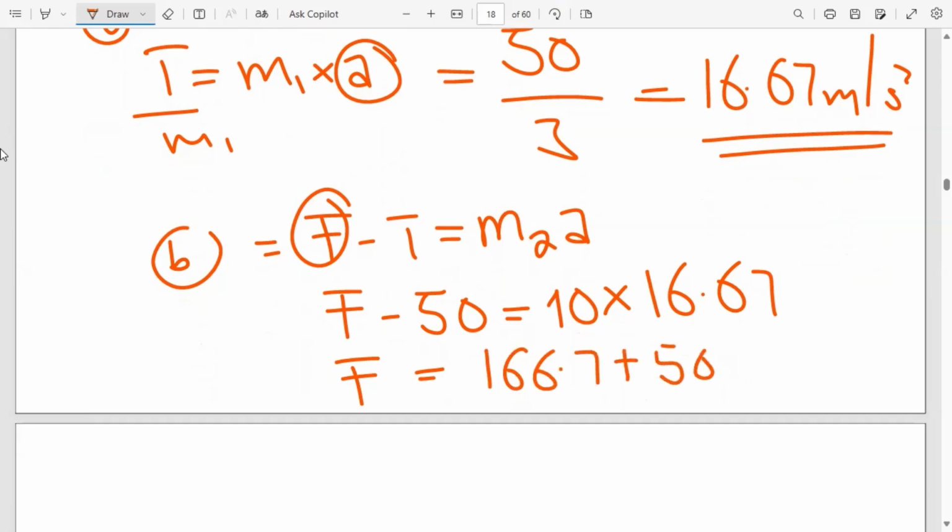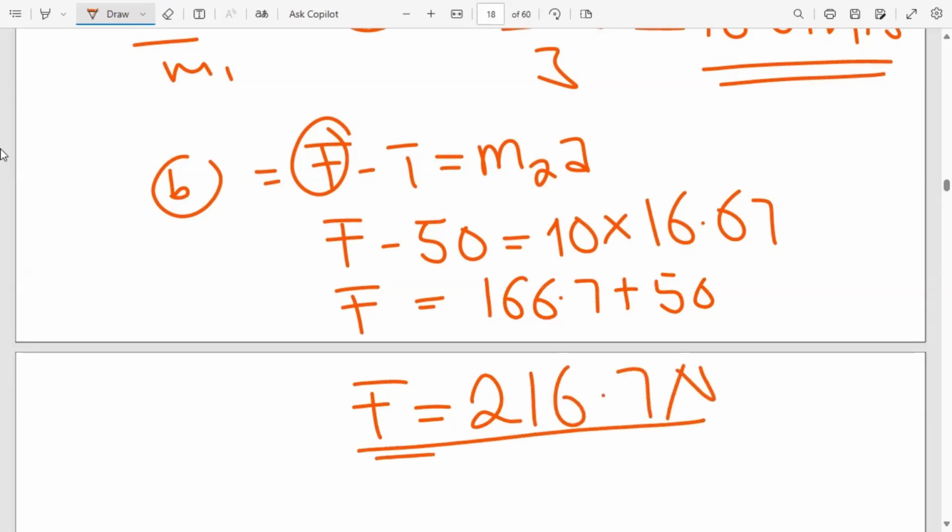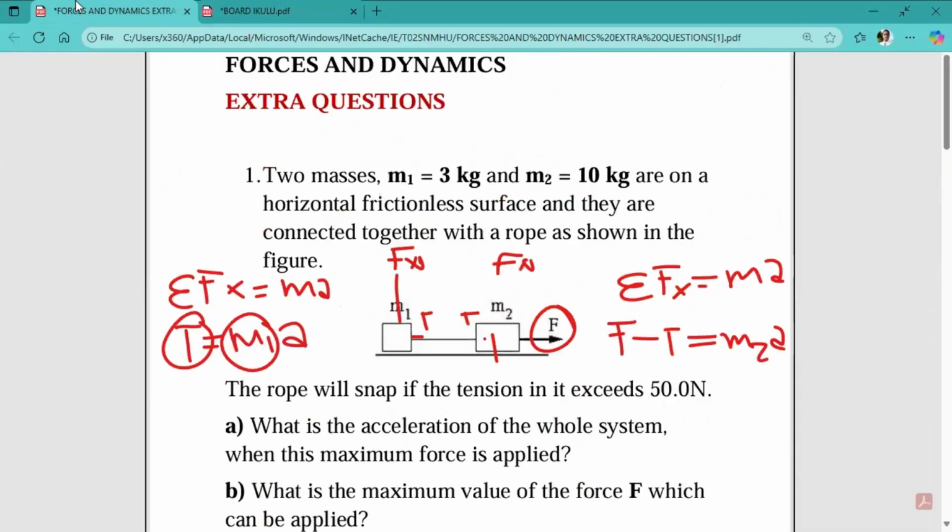That means my maximum value of F will basically be equal to 216.7 newtons. So this is the maximum value of F that can be applied for you to reach the maximum tension which the rope can take, which is 50 newtons. So that, ladies and gentlemen, is all about question one.